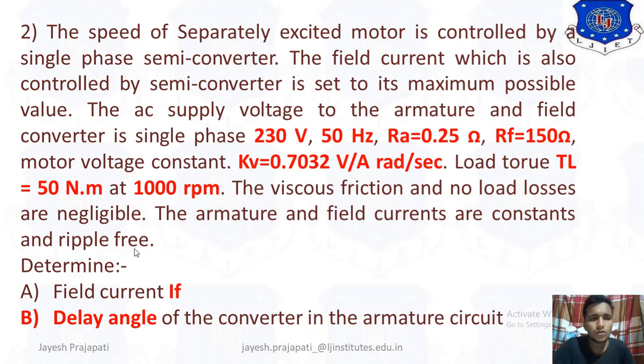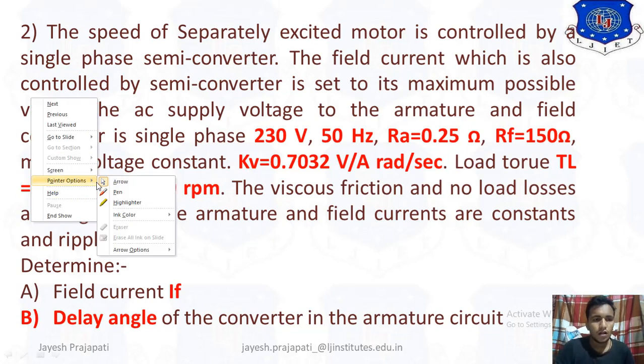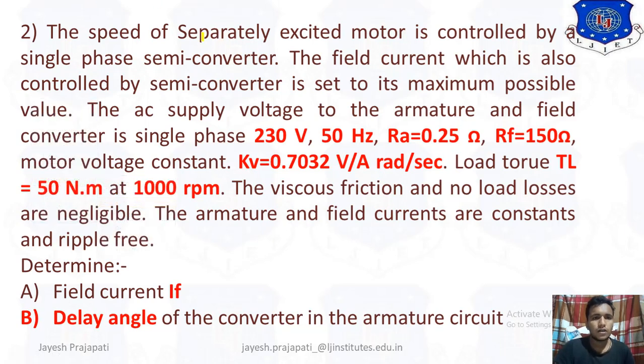In this example you can see a separately excited DC motor is used, and that is controlled by semi converters. Also you can see the field current is also controlled by a semi converter.